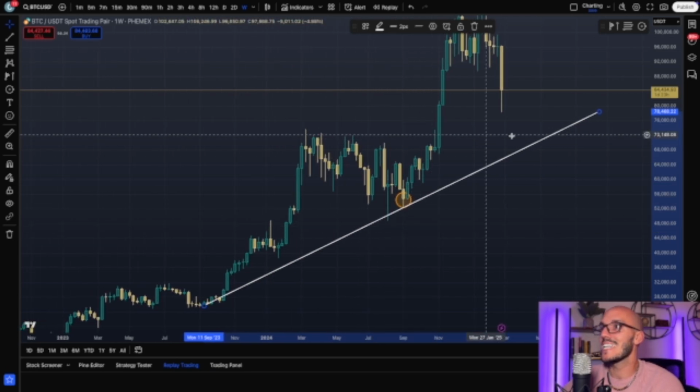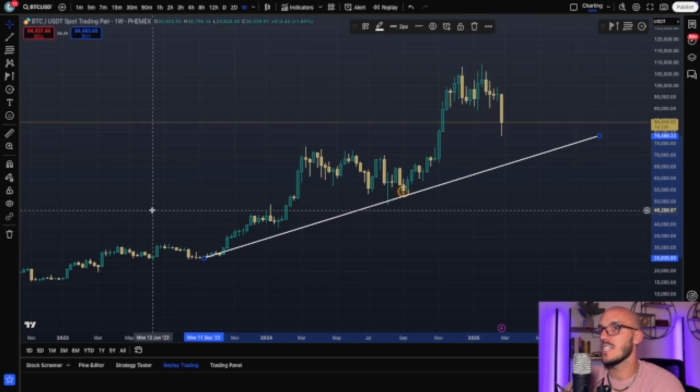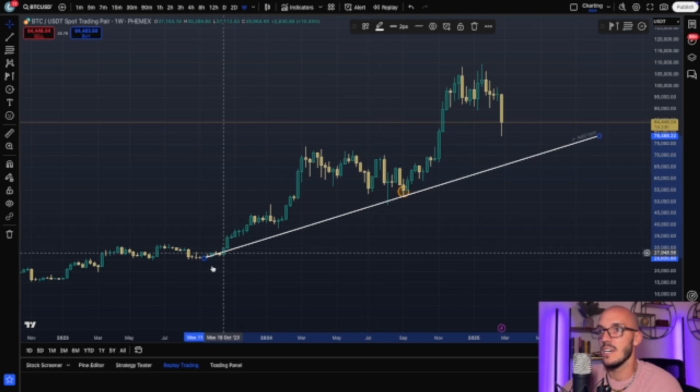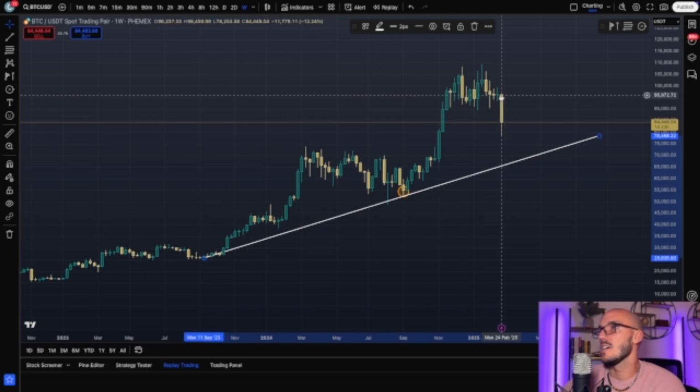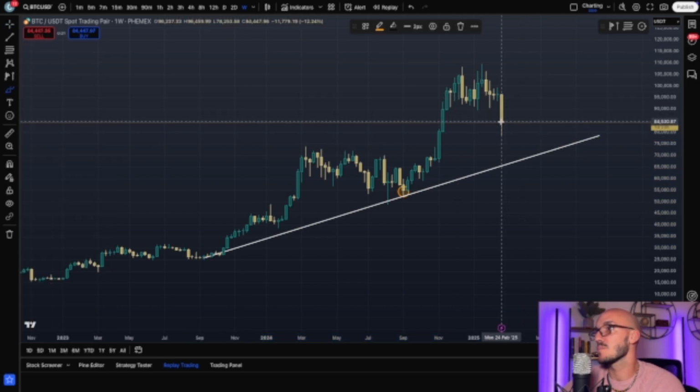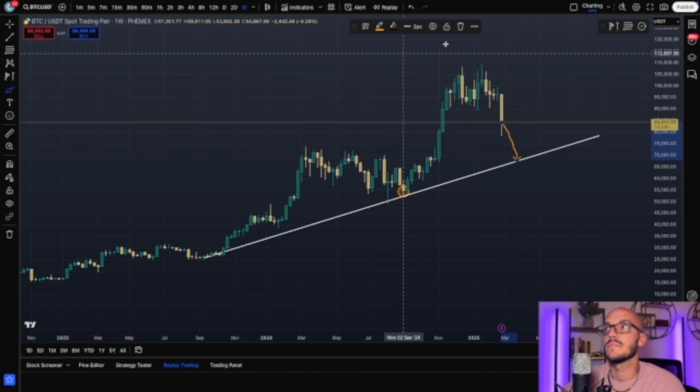So the more connections that you have on a trend line, the stronger the trend actually is, okay? So in this case, Bitcoin is dumping right now. If Bitcoin dumps to the bottom of this trend line, like if it dumps all the way down here, and then that would form another swing low, right?